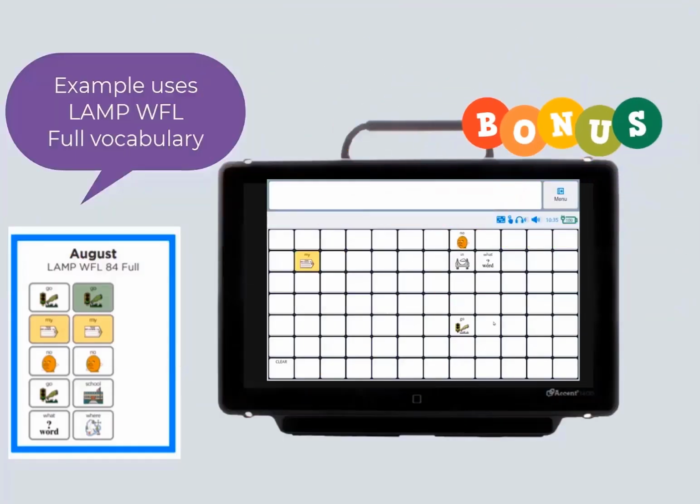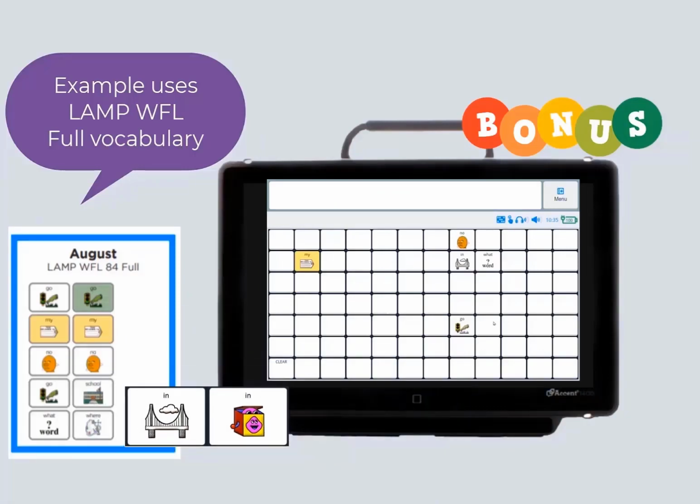Our bonus word this month is the word in. Use these words on the speech generating device this month as you read to model where the words are located and how to use them for communicating about the story.